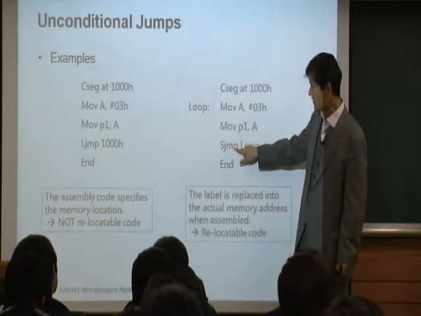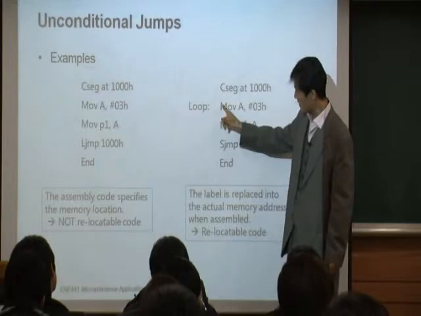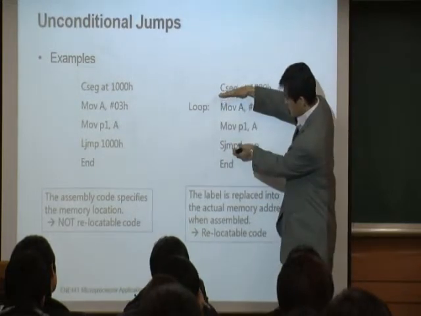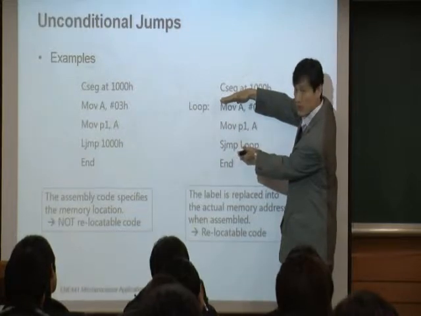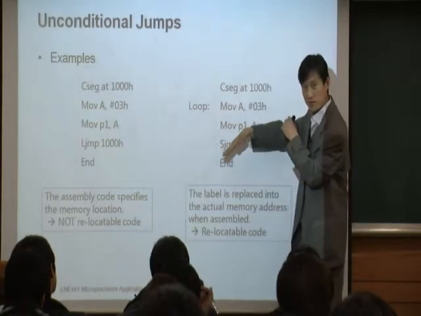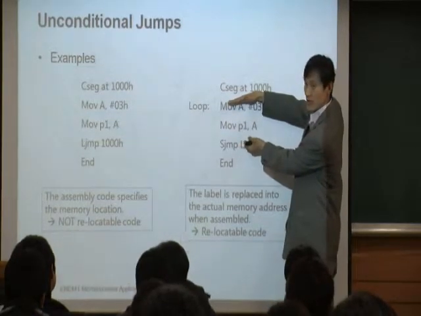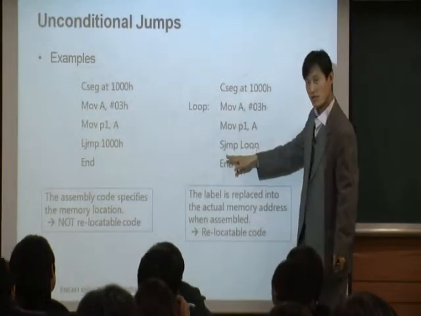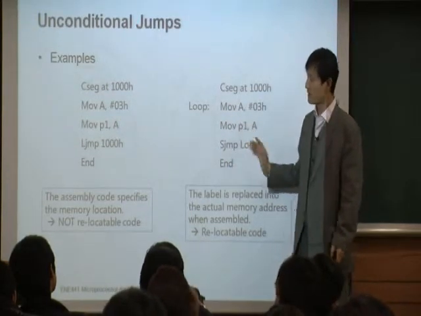Whenever you have this, it's going to be a short jump to loop, so you do a short jump. In this case, the range between this one and this one is less than minus 128, right? So definitely no problem. The distance between these two should be less than 128, because this is a short jump, but this is pretty close, so you can do a short jump, no problem.